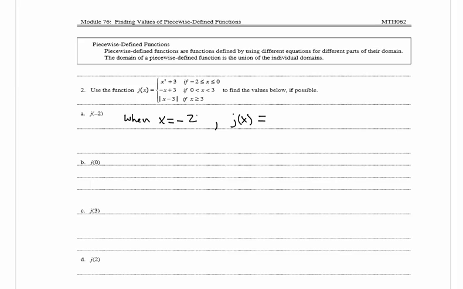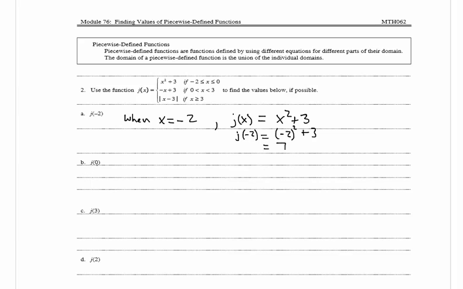So when x is negative 2, j of x is x squared plus 3. Now we'll plug negative 2 into this equation, and we get negative 2 squared plus 3. Negative 2 squared is equal to 4, and 4 plus 3 is 7.